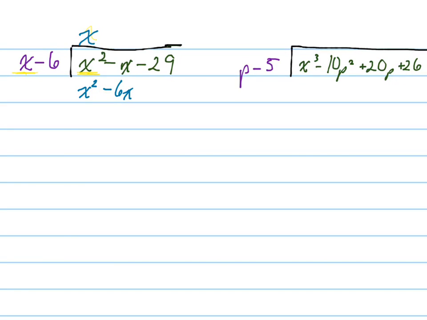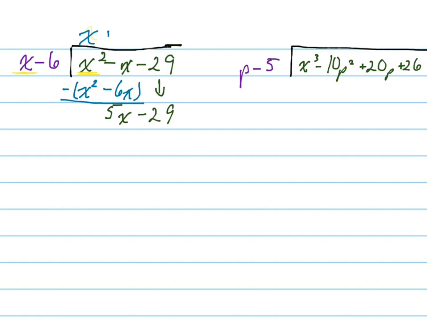And then I subtract just like before. When I subtract, what do I get? The x squared terms cancel. Because minus a minus makes it plus, I get 5x, and bring down the next number, which is a -29. Now I think to myself, x times what is 5x? 5.